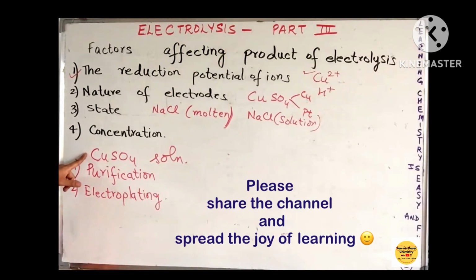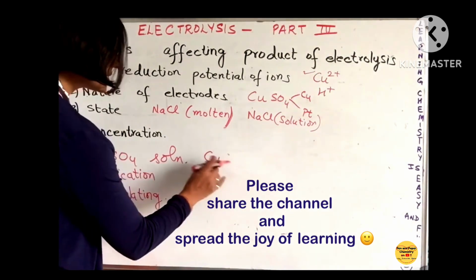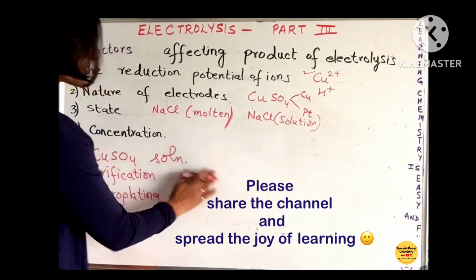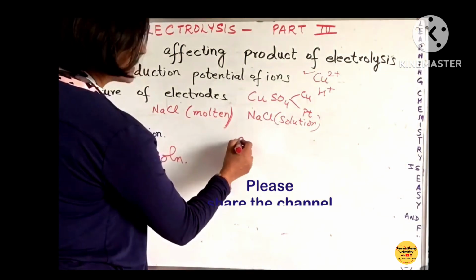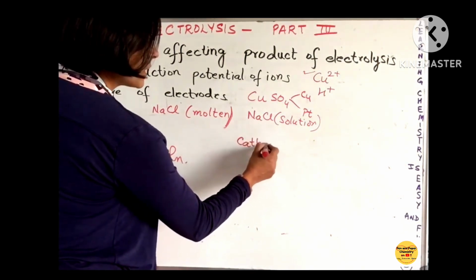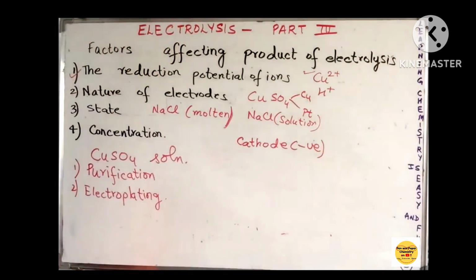Now that we've done copper sulfate solution using copper electrodes, there are some important applications that we can see from electrolysis. Before I go on to the applications, please remember your cathode is the one which is connected to the negative terminal of the battery.